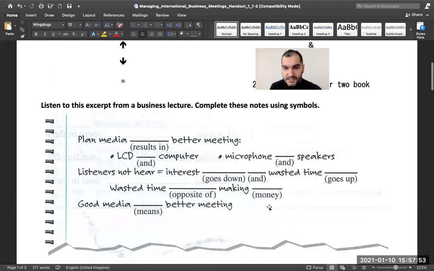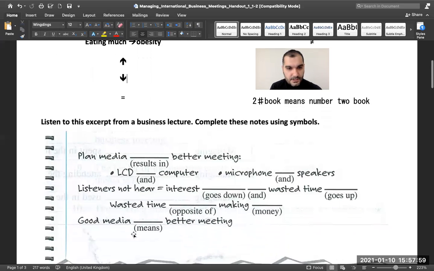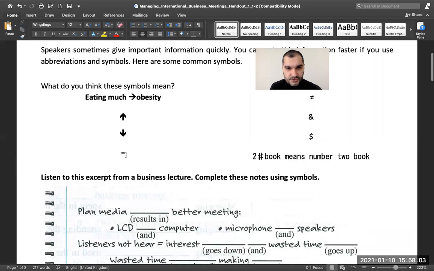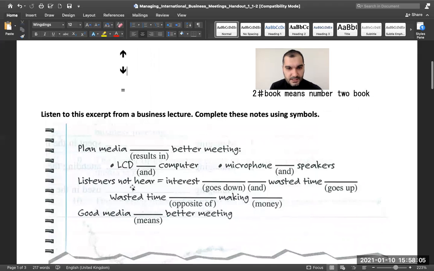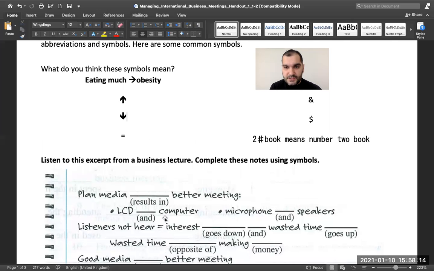And for making money you may use this symbol. Okay, so good media means better meeting, and you can use this symbol in place of means. Please try to learn and make yourself familiar with these symbols along with their meanings.